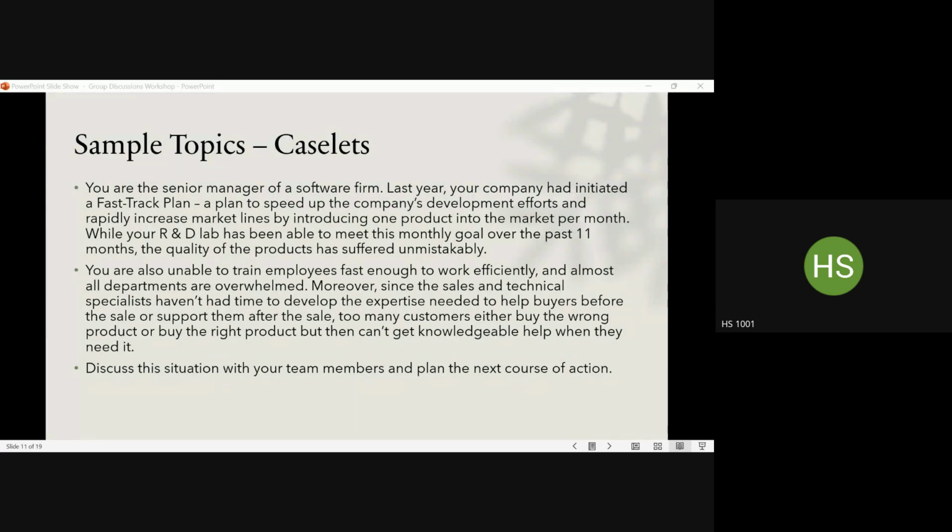Another problem that you face here is that you're not able to train your employees fast enough so that they can give the necessary expertise that the buyers require either at the time of buying or after they've bought the product. So you're facing some challenges here for which you need to arrive at a solution. Okay? That is what the situation is.